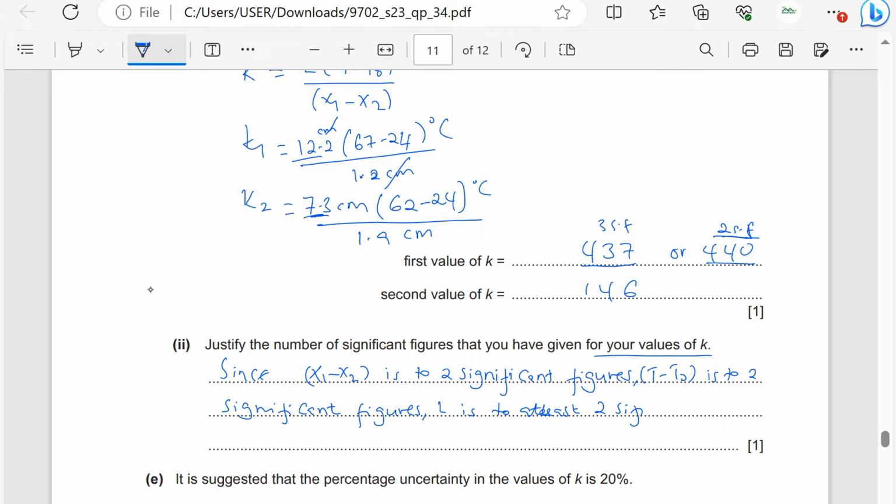So to maintain the same degree of accuracy, K should be to at least 2 significant figures.